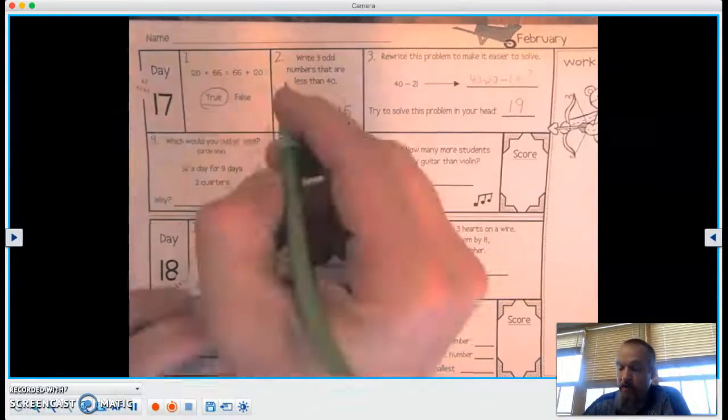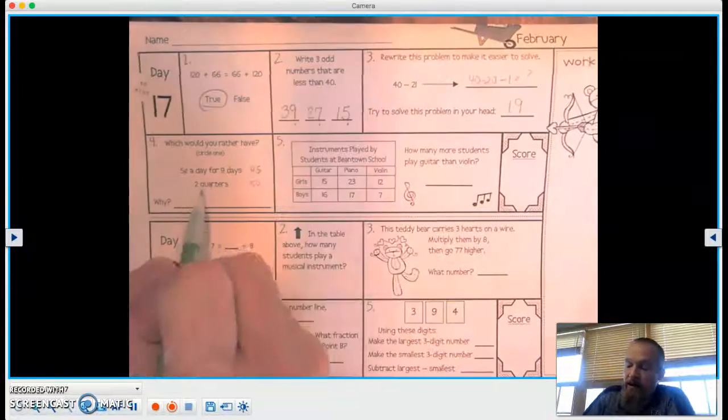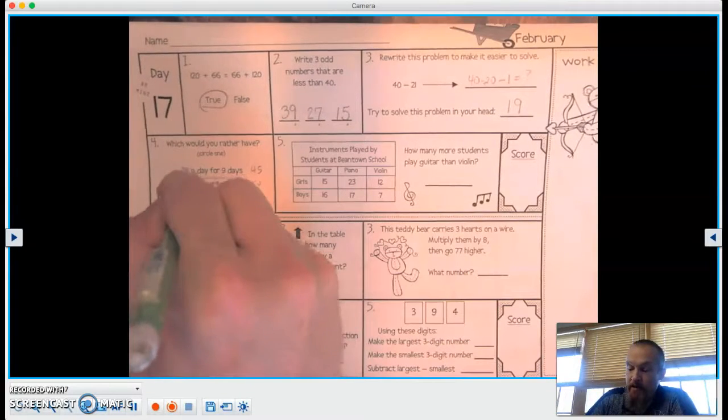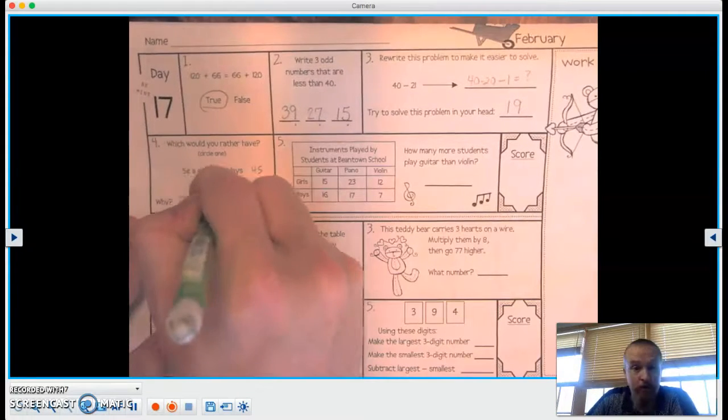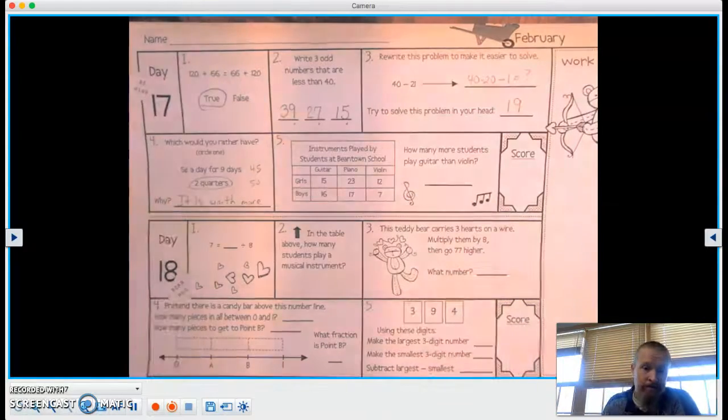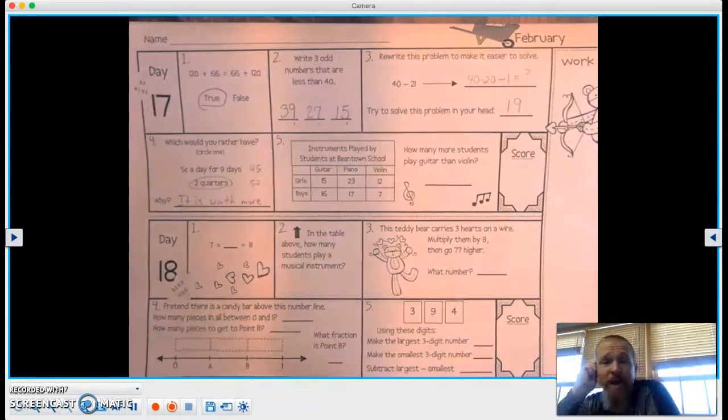So 25 and 25 is 50. So I would rather have the 2 quarters. Why? Because it is worth more. 5 cents more.